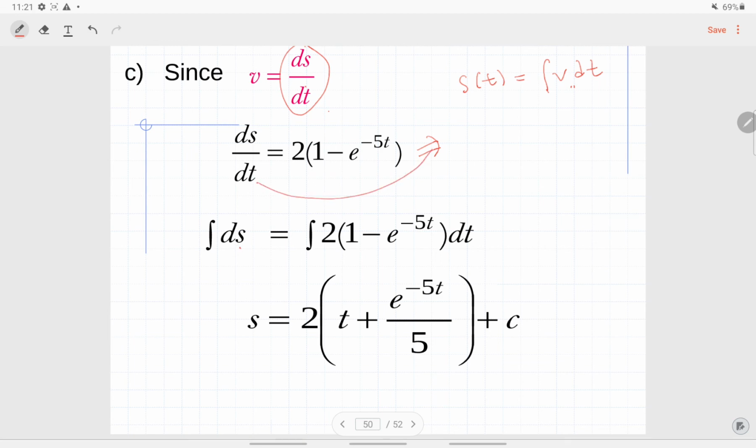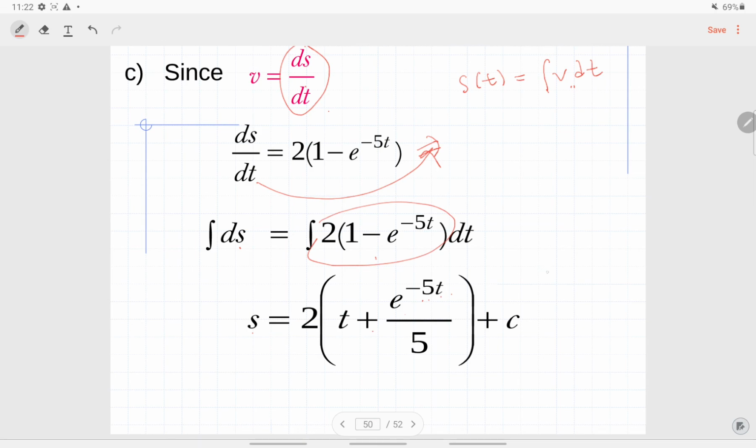Integrate ds, we will get s, and then integrate this one: 2 times t plus exponential negative 5t over 5 plus c.